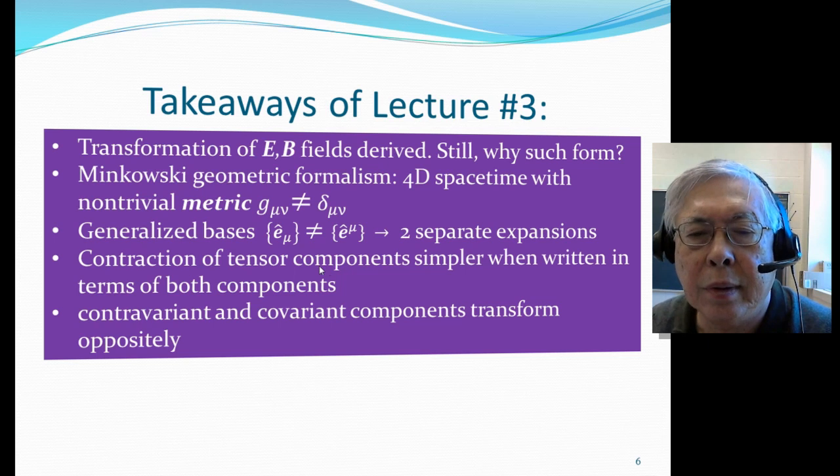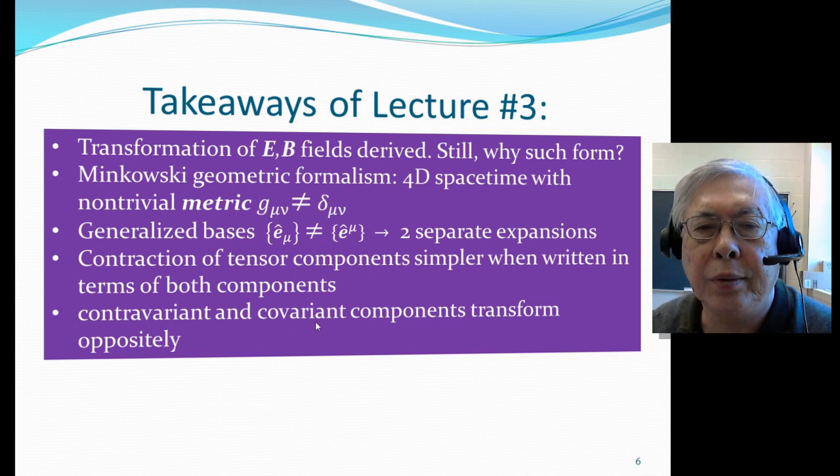It's useful to have different expansions because the contraction between contravariant and covariant tensor components is simpler when written in terms of these two kinds of components. You don't need to write the metric. Also, we noted that the contravariant and covariant components of a tensor transform oppositely under coordinate transformations.